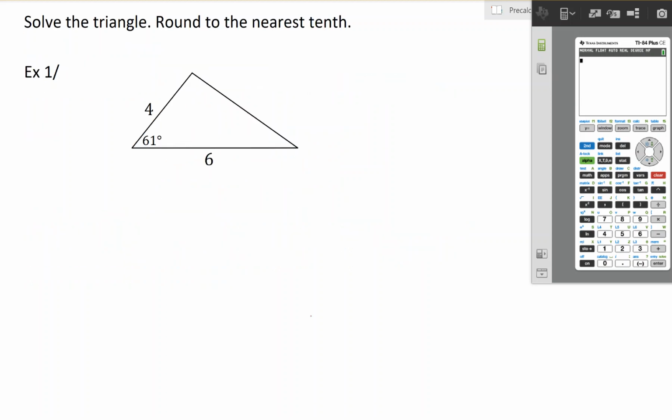Solve the triangle, round to the nearest tenth. So I have here a side, an included angle, and another side.